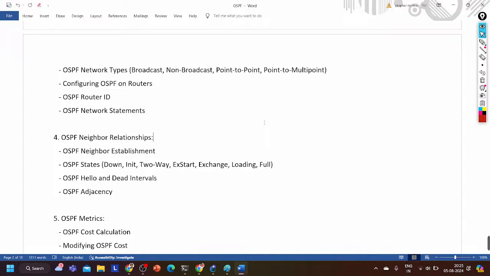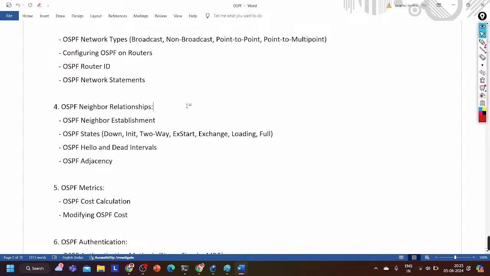And OSPF neighborship with adjacency, those neighbor routers will exchange routing information, right? So there are two types of neighborship in OSPF, and these are the syllabus of CCNA. OSPF neighbor establishment, OSPF states: whenever two routers form OSPF neighborship, they go through all these states.